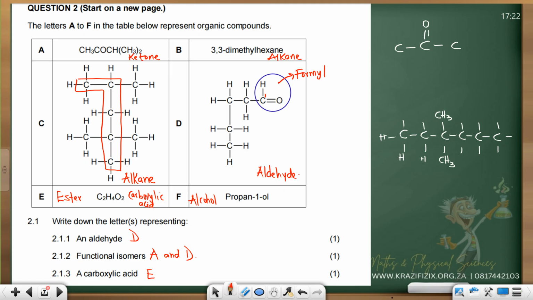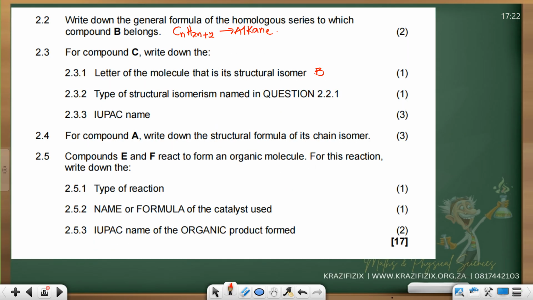And the one we have, the longest chain is 6. Are we okay with the 5? So what you would notice the difference is what? Chain length. Since chain length is different, then it becomes a chain isomer. Organic compounds with the same molecular formula, but different chain length.